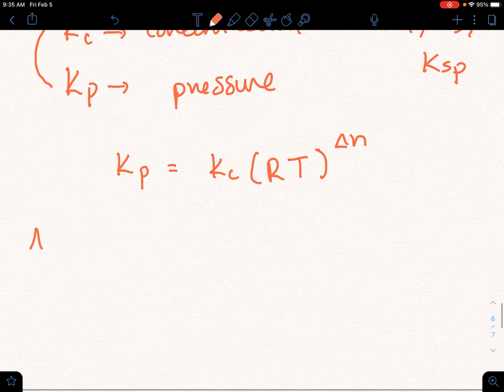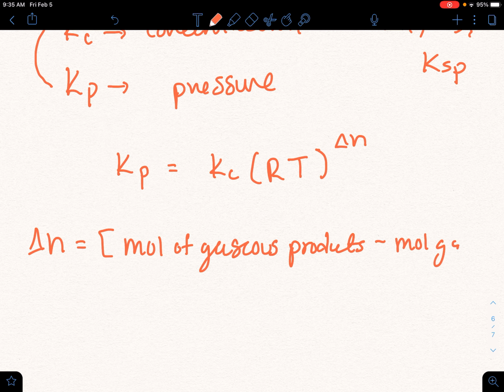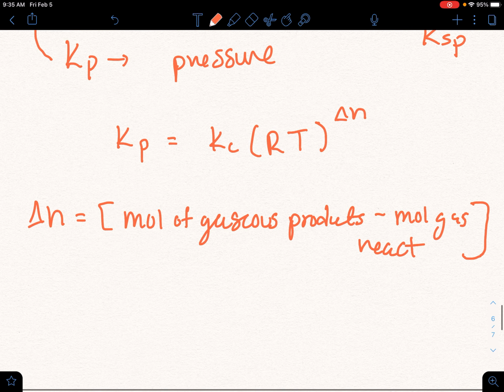Let's start off with change in n. This is going to be equal to the moles of gaseous products minus, remember the minus, moles of gaseous reactants. So it's the final minus the initial, the moles of the gaseous products minus the moles of the gaseous reactants. So that's going to be n. Remember, it's a subtraction.